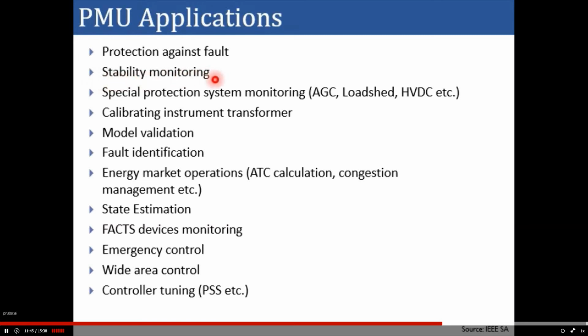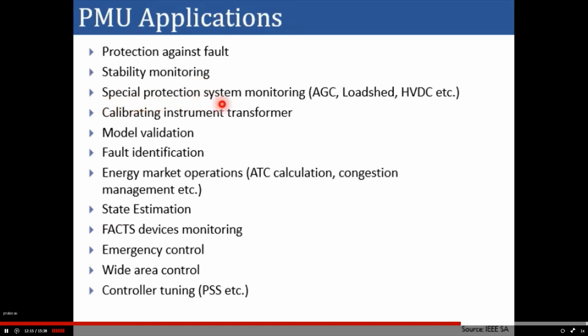Stability monitoring: since the angle information is given by PMUs almost in real time, we can trace the angular variation of various buses, and if we figure out any angular separation beyond a particular limit, we can take action to save the system from any stability issue.